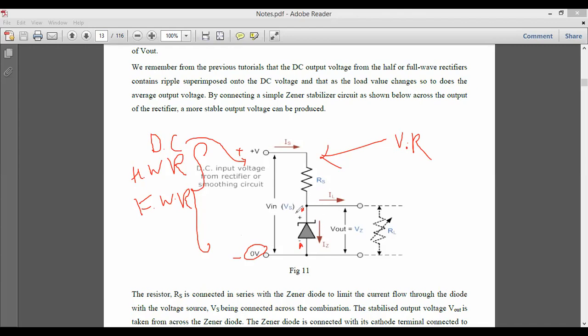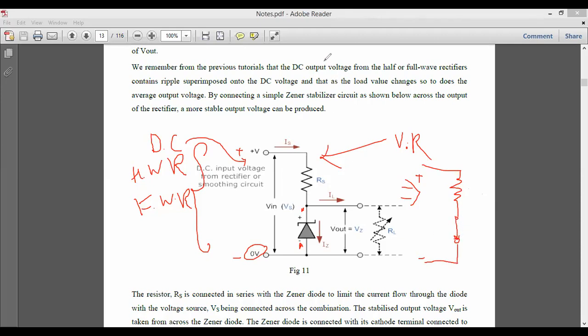So under the reverse bias condition it is operated, or you can simply say the Zener diode is turned on. If you draw the equivalent circuit diagram for this Zener diode voltage regulator, this is the resistor, and if I take the Zener diode as a switch, this is plus and this is minus. Under reverse bias, your Zener diode works as a closed switch.